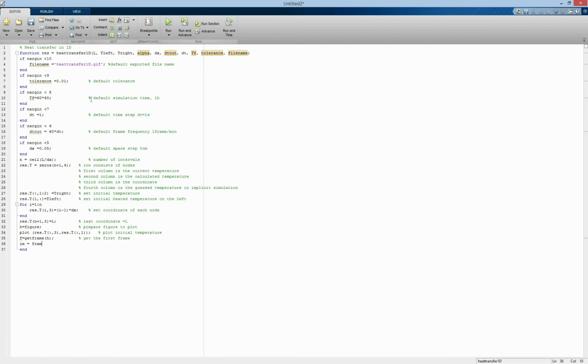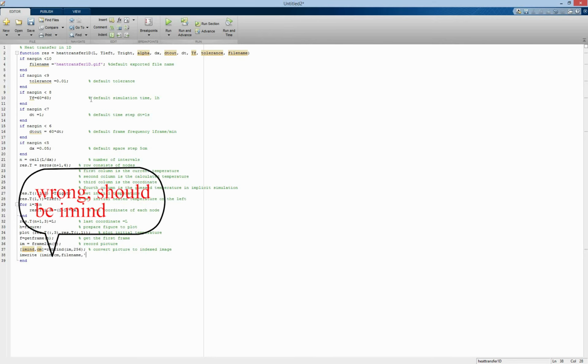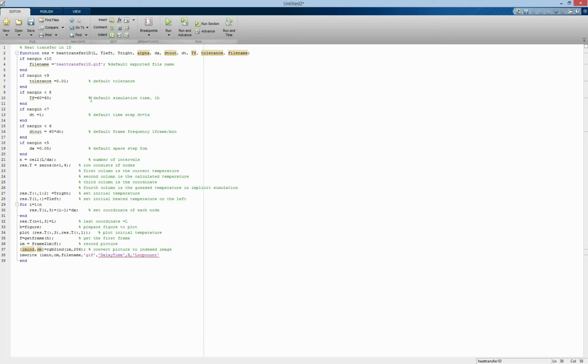To be able to write a frame to a file, we need to convert the frame to an image first, and then convert the image to an indexed image. And I write to the gif file with 0 delay time. Please remember that it's an imwrite, not the imread. And for the first frame, I set the loop count.